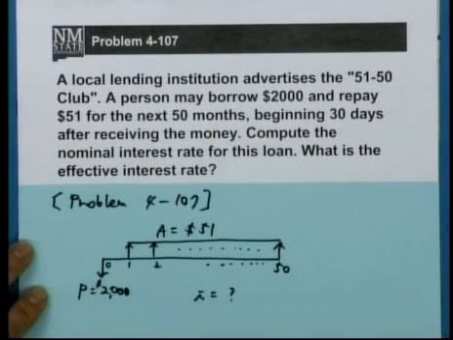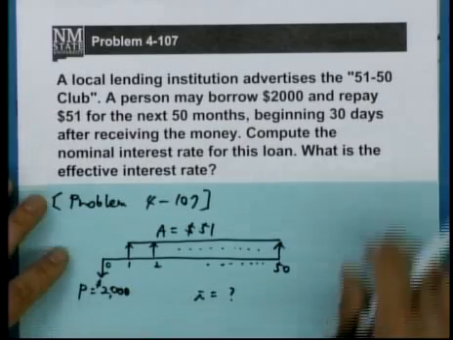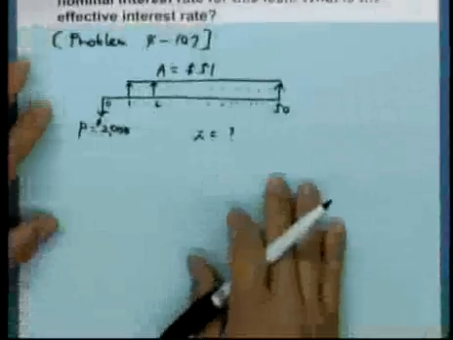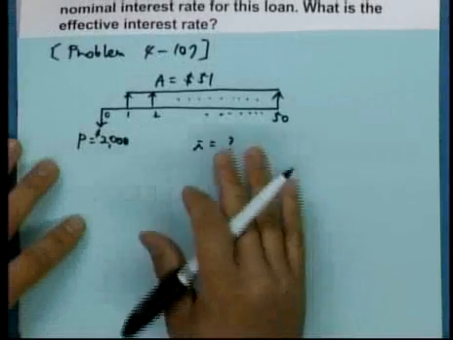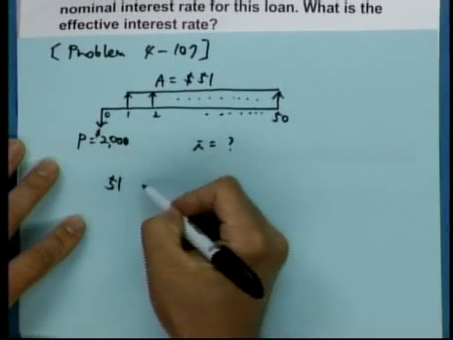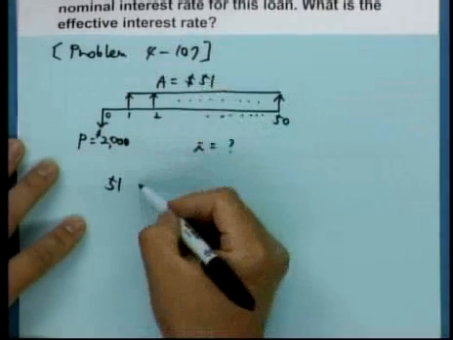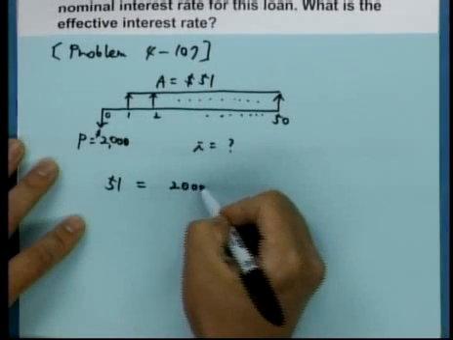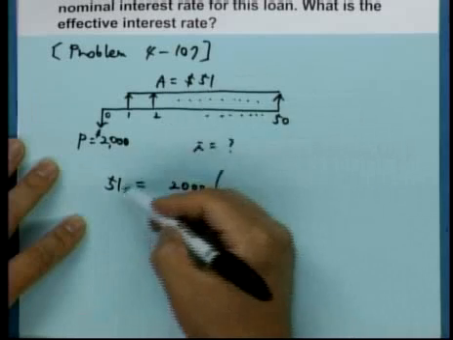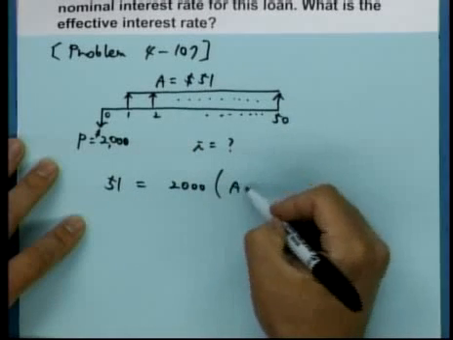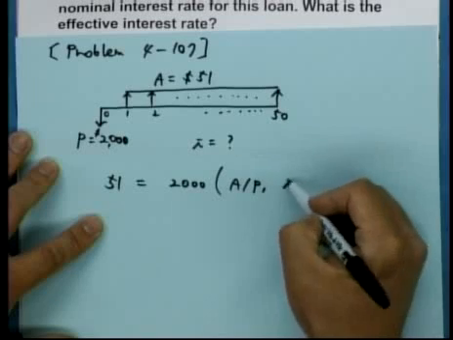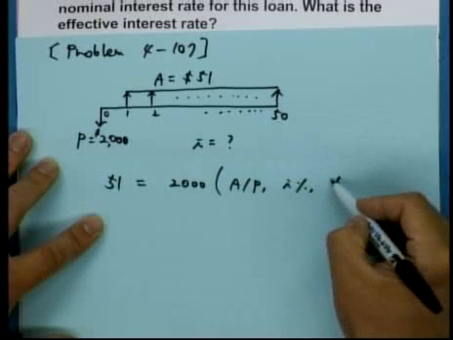So how would you get this interest rate? Here, 51 equals 2,000 A given P, and I percent over 50 periods, right?